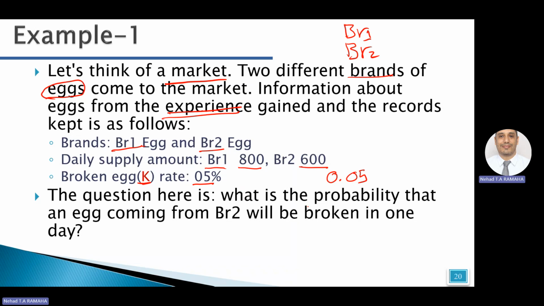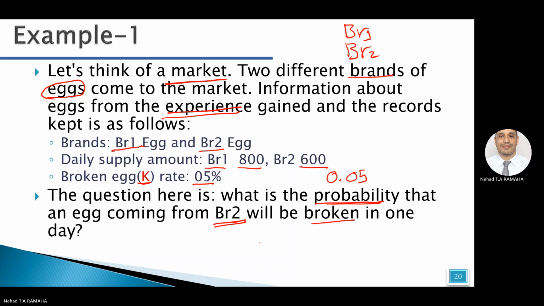Okay, the question here, what is the probability? So we ask about the posterior probability that an egg coming from brand 2 will be broken in 1 day.